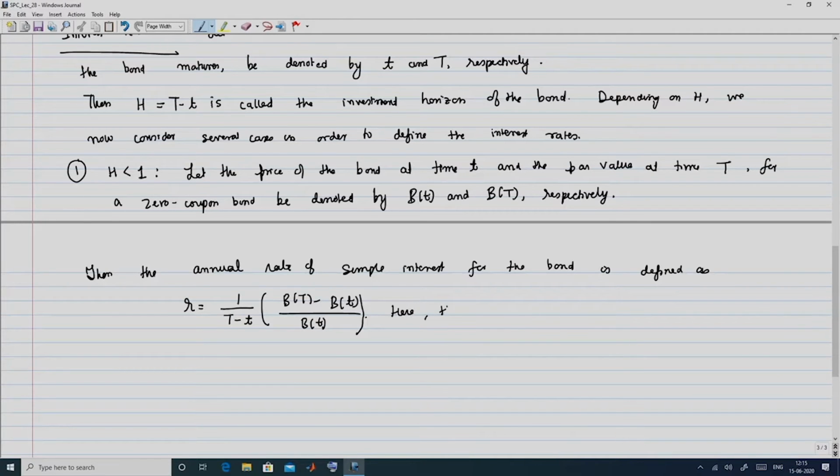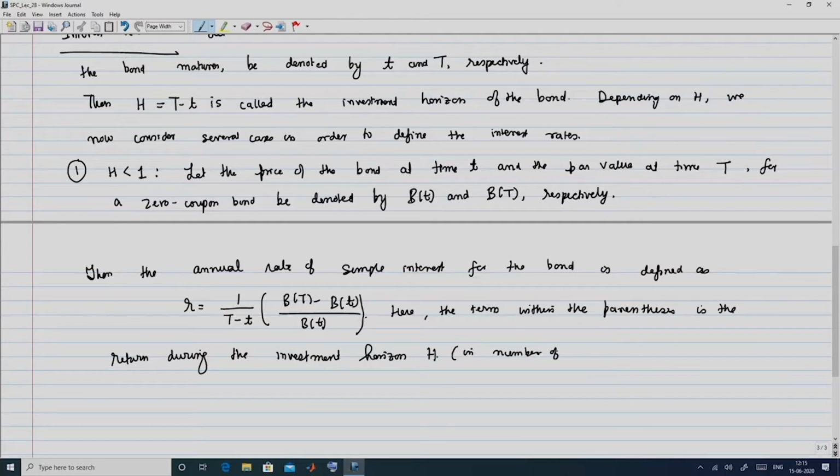So, here the term within the parenthesis is the return during the investment horizon H in number of years of the investor.